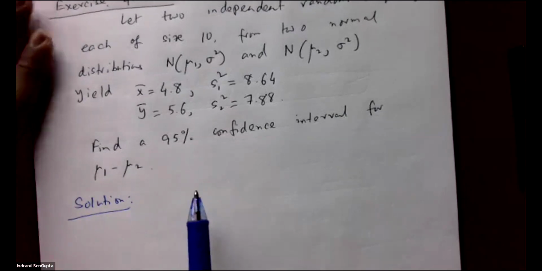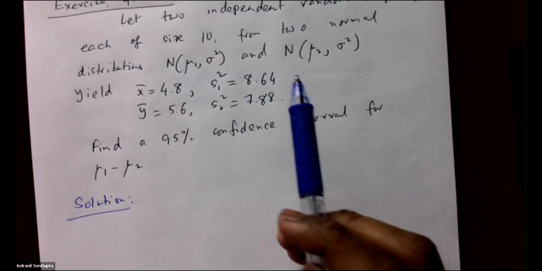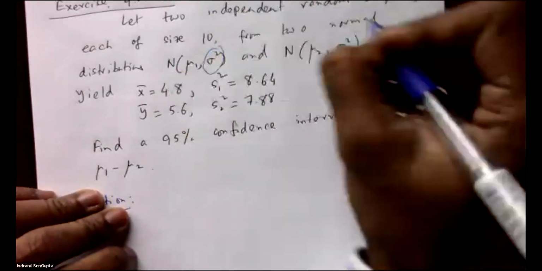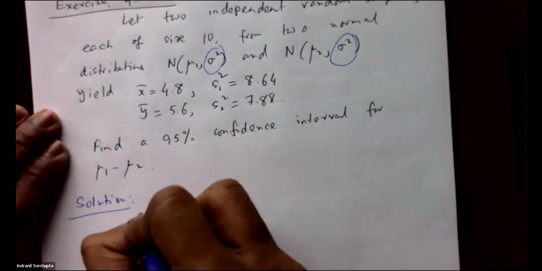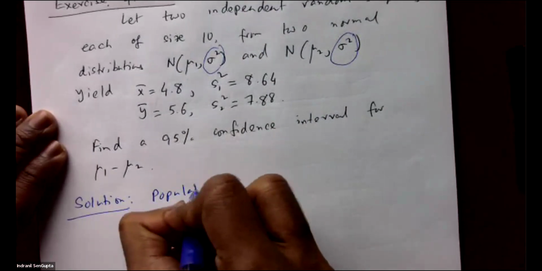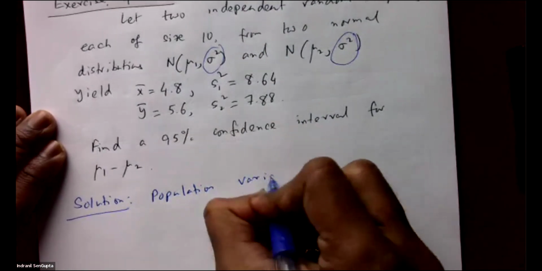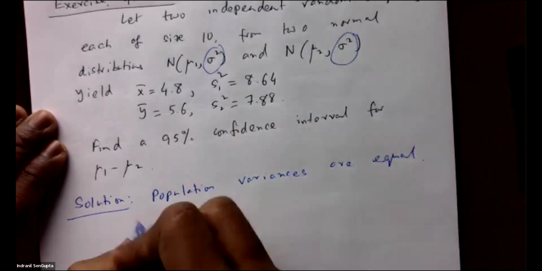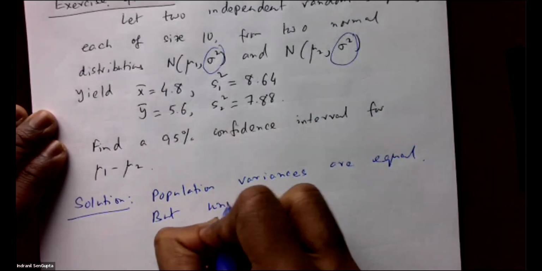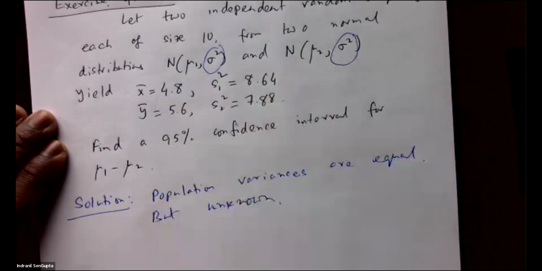Now, first of all, observe that we have the variances sigma squared and sigma squared. They're equal, so the population variances are equal but unknown. We don't have any information about sigma squared.